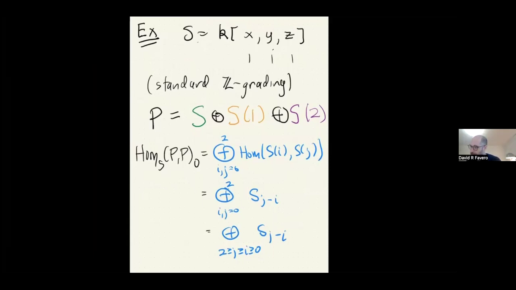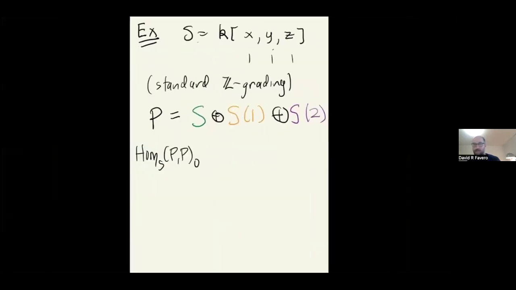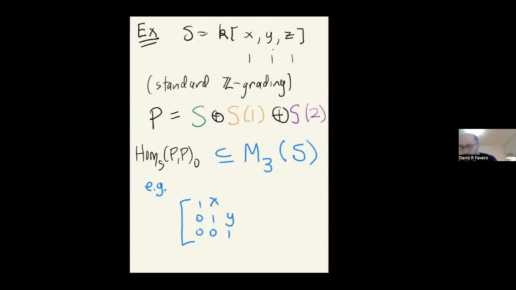All right, so that's kind of still abstract. Can we do a little better? Well, this is the endomorphism ring of a free module of rank 3, so I can think of this as 3x3 matrices with values in S. But since I took the degree 0 part, what I'm going to get is a matrix where these entries have to be linear, and this entry would have to be quadratic.